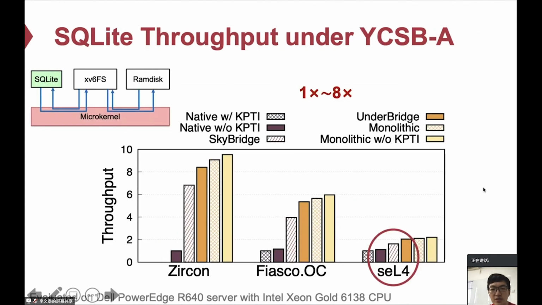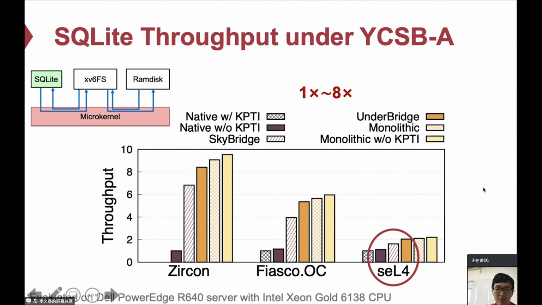To demonstrate UnderBridge's efficiency, we also ported it to 3 popular microkernels. We evaluate the throughput of the SQLite application with YCSB as a workload, which represents an IPC-intensive benchmark. For seL4, which is the most efficient one among the 3 microkernels, UnderBridge can improve the application throughput by up to 105%.